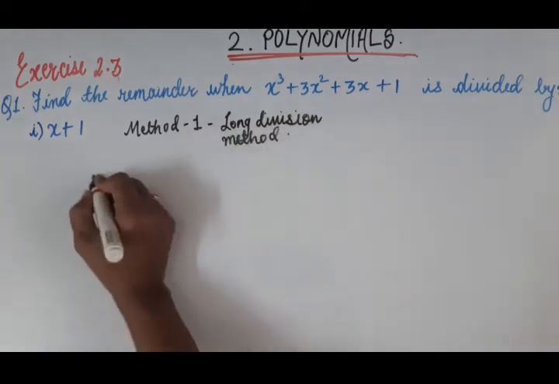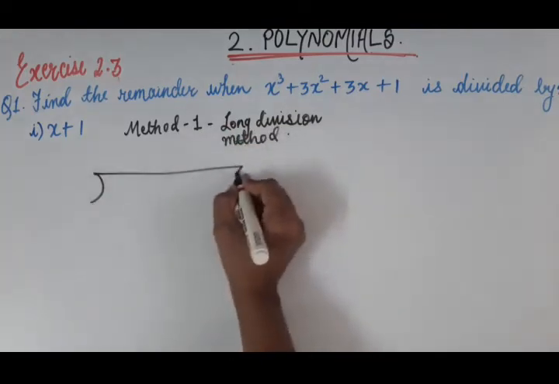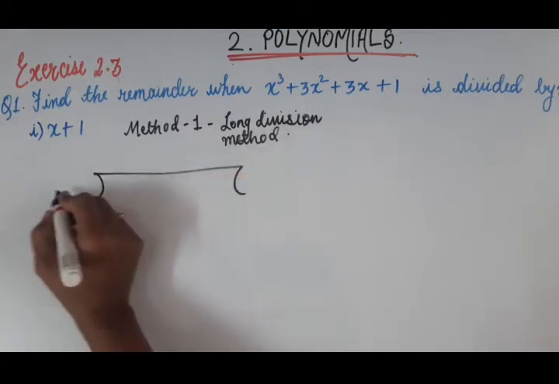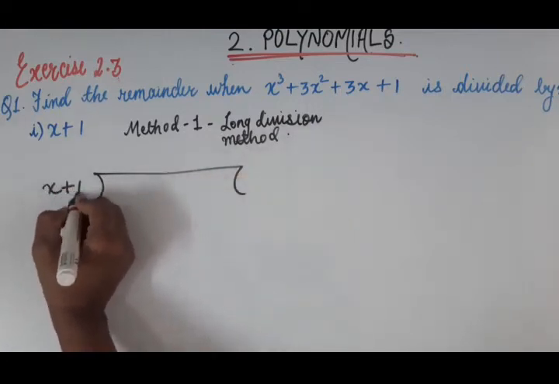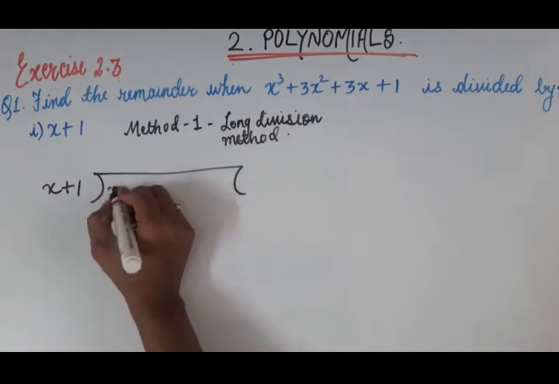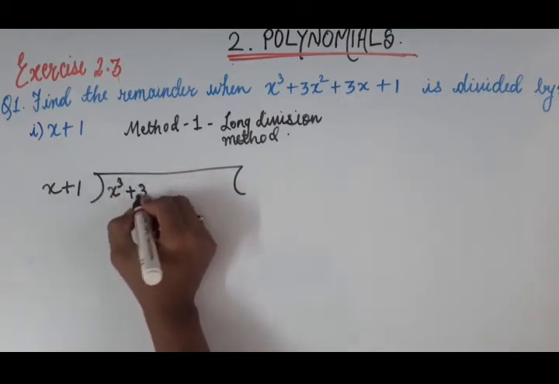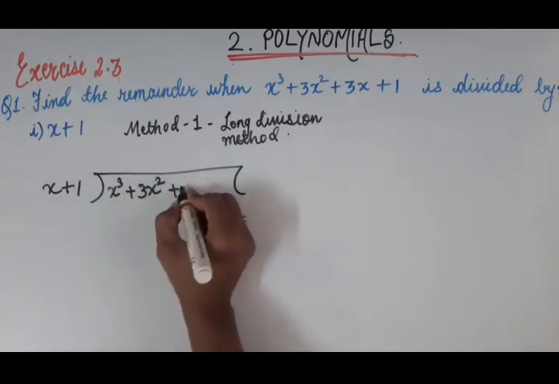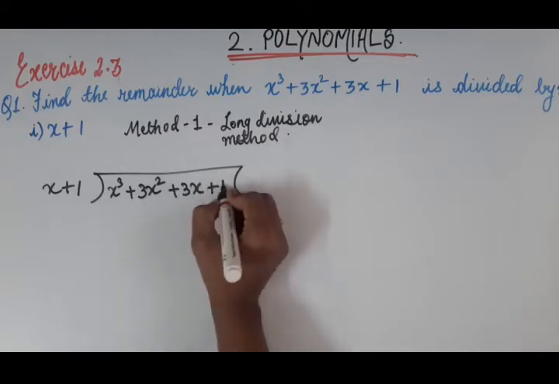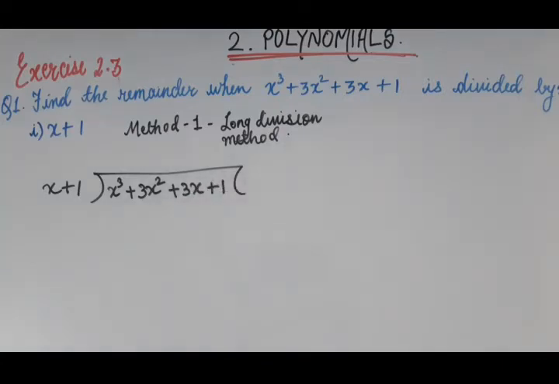So how are you going to do it? Your divisor is x plus 1 and your dividend is x cube plus 3x square plus 3x plus 1. Now what is asked is the remainder, so let us divide this and find the remainder of this division.